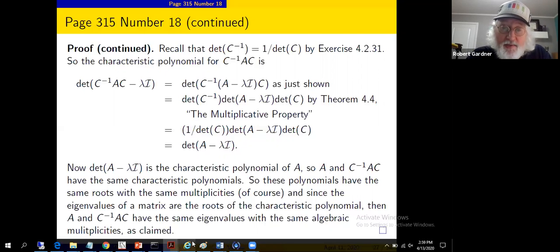In other words, matrix A and this other matrix, which is similar to it, have the same eigenvalues, and those eigenvalues have the same algebraic multiplicities. Similar matrices behave similarly with respect to eigenvalues and eigenvectors.